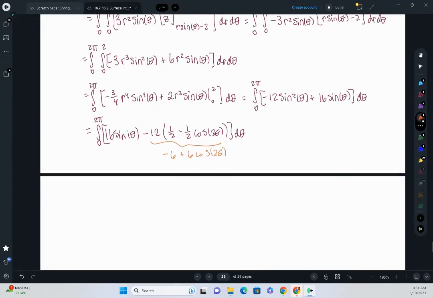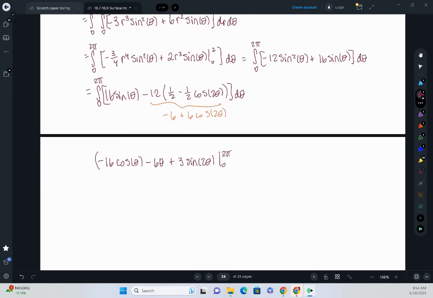All right, so I can go ahead and integrate that. Antiderivative of 16 sine of theta will be negative 16 cosine of theta. Antiderivative of minus 6 is minus 6 theta. The antiderivative of positive 6 cosine of 2 theta will be positive 3 sine of 2 theta, and we're going from 0 to 2 pi.